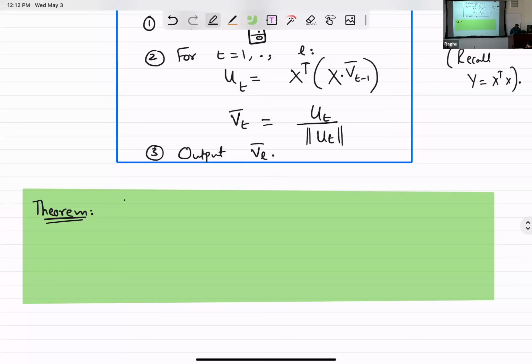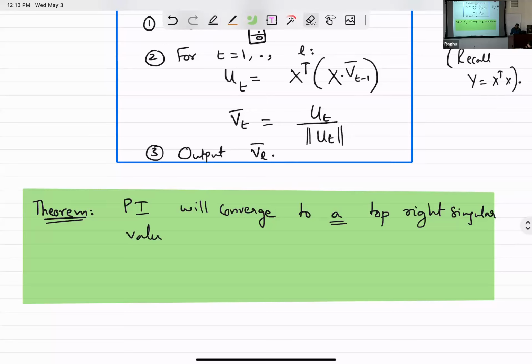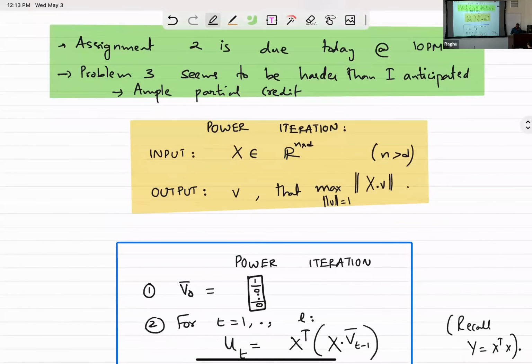Okay, first, power iteration will converge to a top right singular vector. Okay. And what's the problem that we're trying to solve?